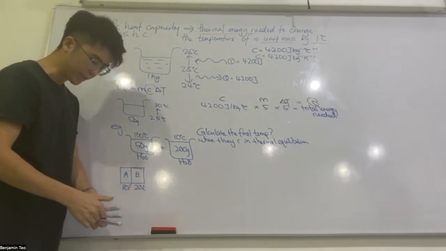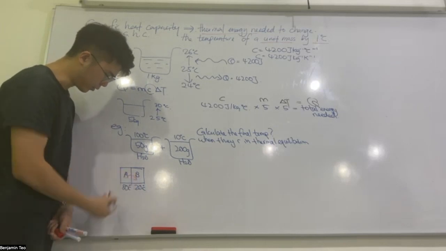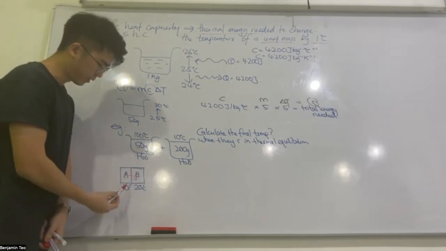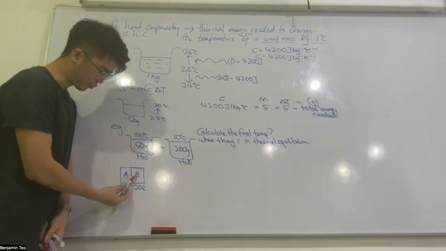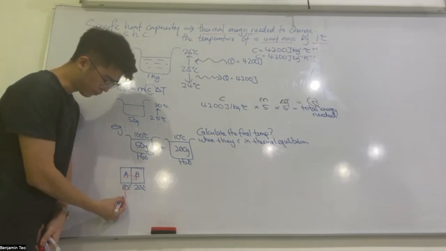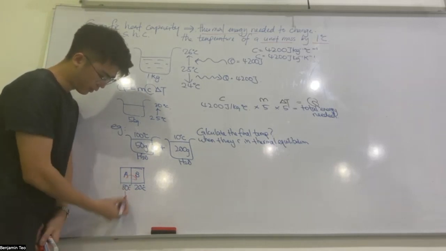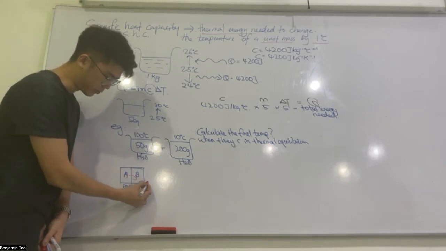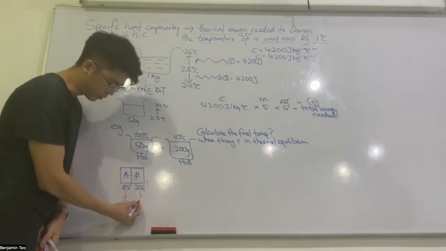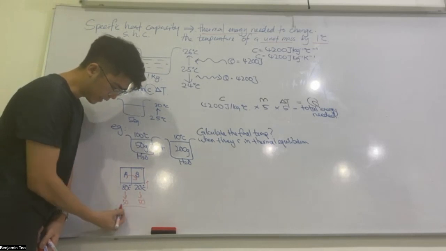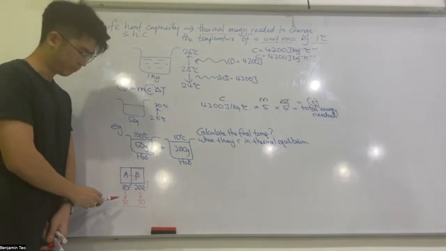Heat will always flow from the hotter to the cooler one. When heat flows out of A to B, this one will drop, and at the same time, the 20 will rise. In the end, they will always achieve the same temperature.